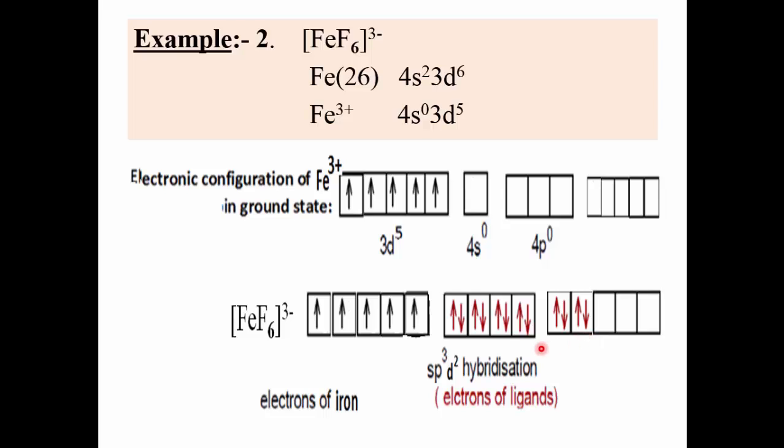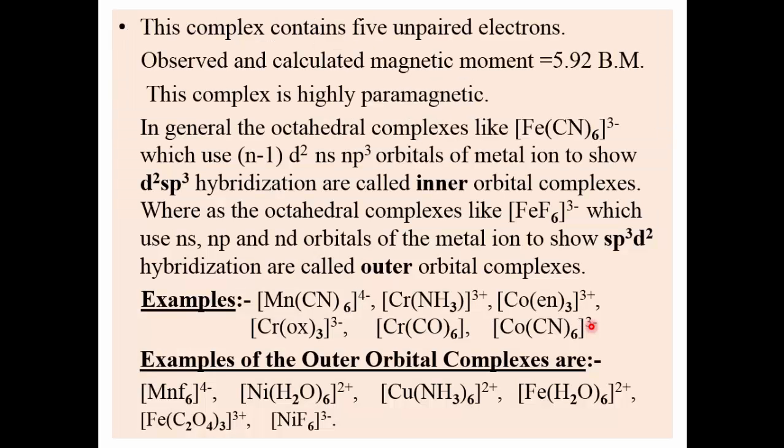This is the difference. Therefore the Fe ion now contains 5 unpaired electrons, and the 12 electrons from the ligands are accommodated in 6 hybrid orbitals. This contains 5 unpaired electrons, magnetic moment 5.92 Bohr magneton, and the complex is highly paramagnetic.